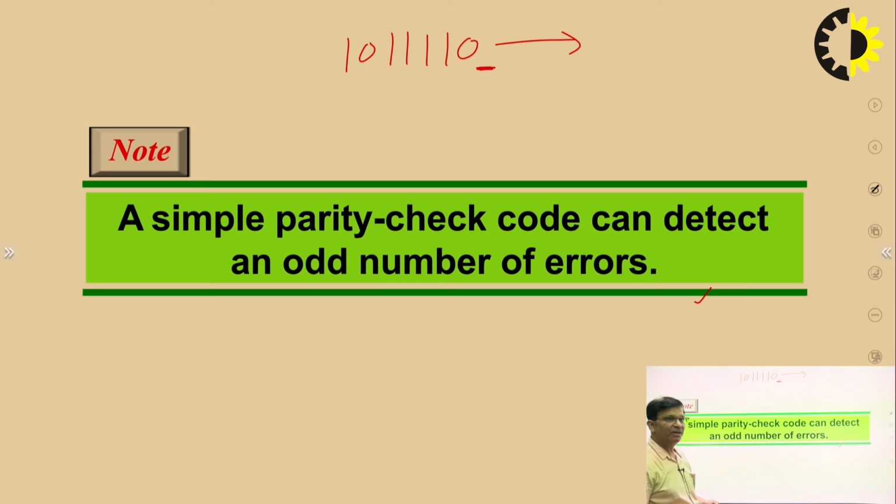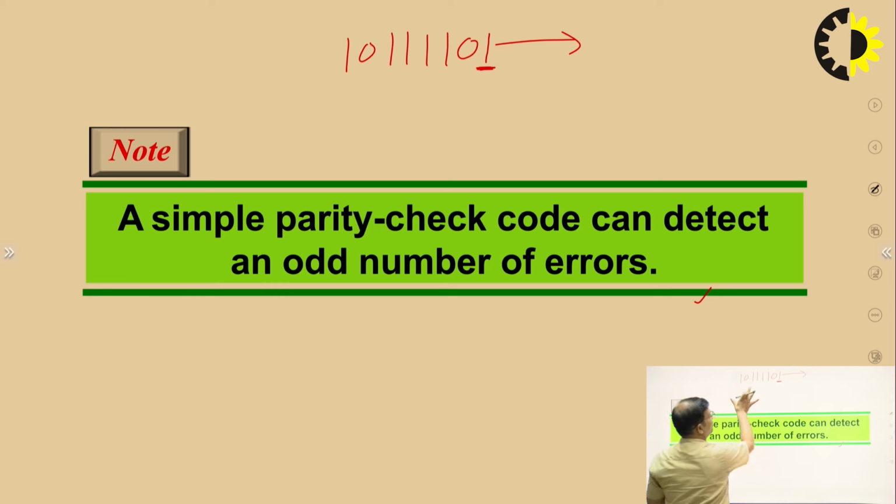What is a parity bit? It is an extra bit we apply at the right-hand side. If there is an even number of ones, the extra bit value is 0. If the number of ones is odd, as here, we have to place 1.